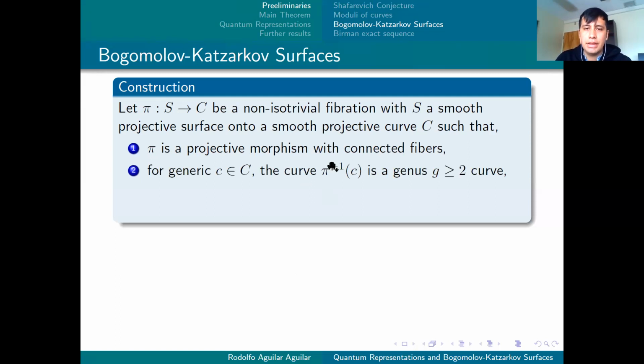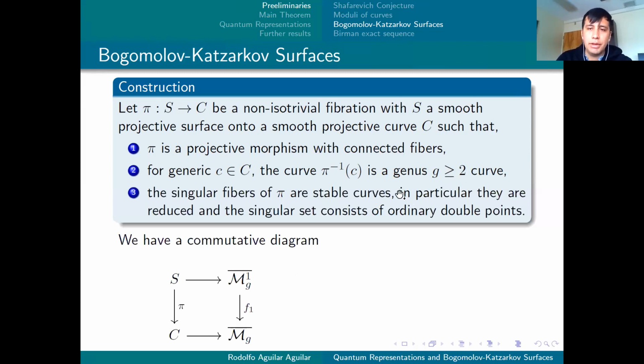The generic fiber is a curve of genus greater than or equal to 2, and the singular fibers are stable curves. So in particular, they are reduced, and the singularities consist of ordinary double points.